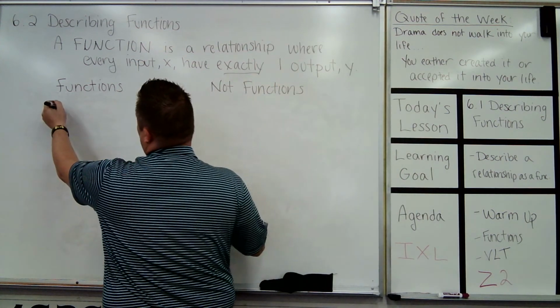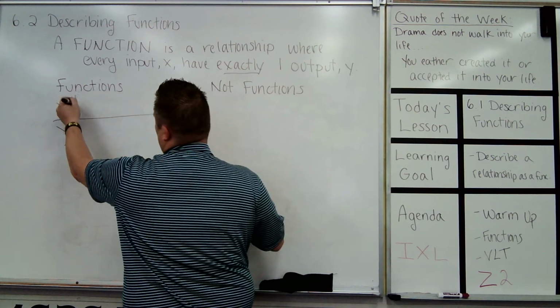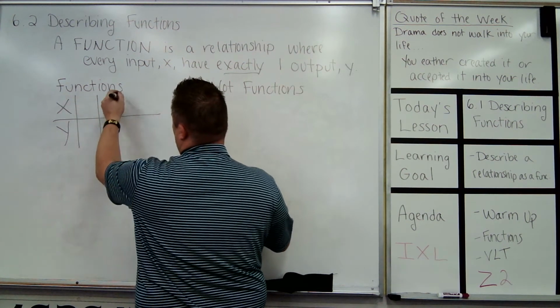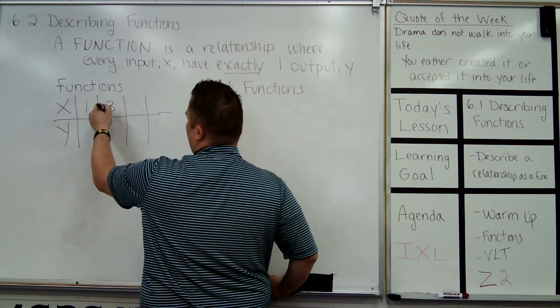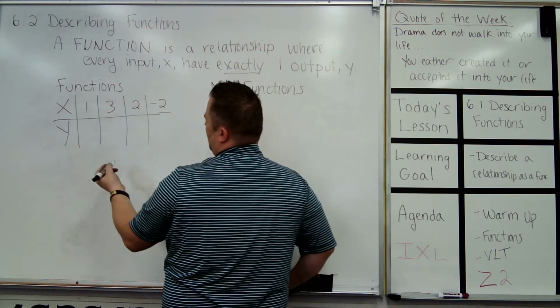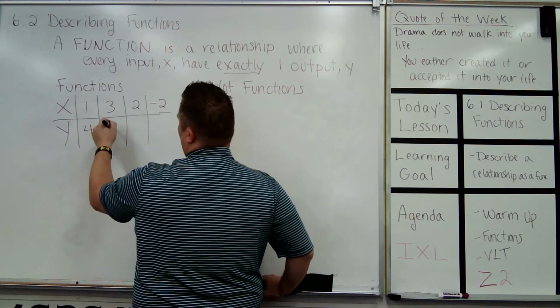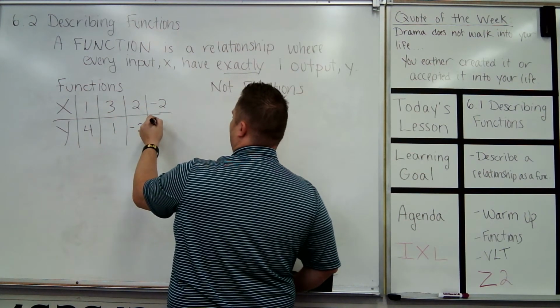So an example of a table that would be a function, we have a relationship between x and y where we have some numbers. Let's just say we have the number 1, the number 3, the number 2, and the number -2. 1 produced a 4, 3 produced a 1, 2 produced a -2, and the -2 produced -4.